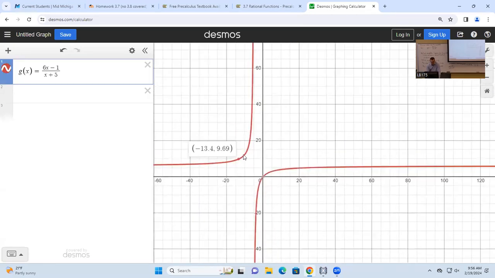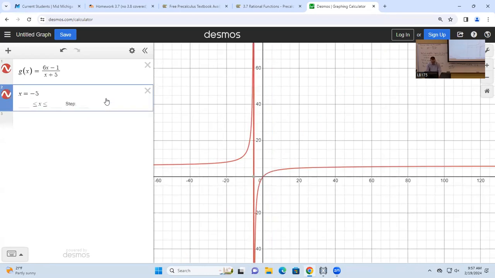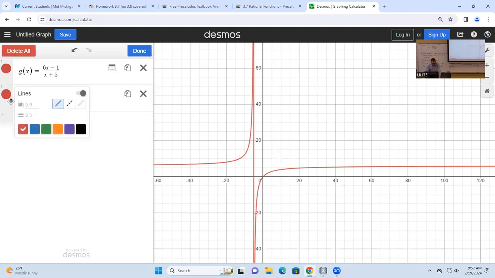As x gets closer and closer to -5 from the left-hand side, we're going off to positive infinity. We do have x equals -5 as a vertical asymptote. Let me change the color on that.